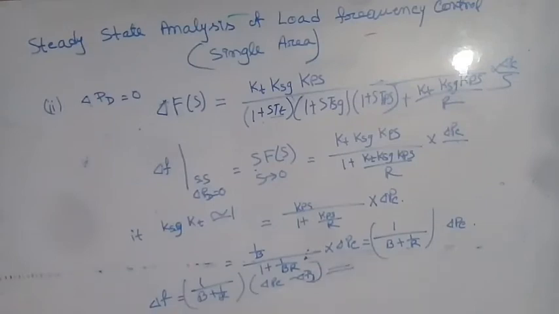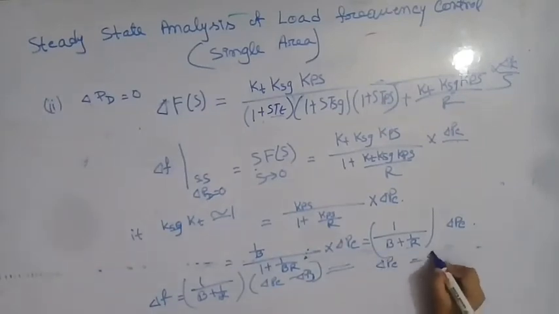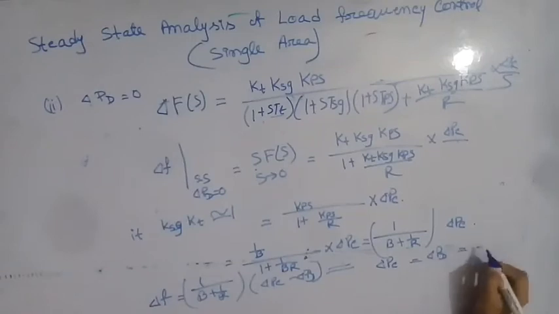According to this equation, the frequency change caused by load demand can be compensated by changing the setting of the speed changer, that is delta PC equals delta PD, for delta F equal to 0.